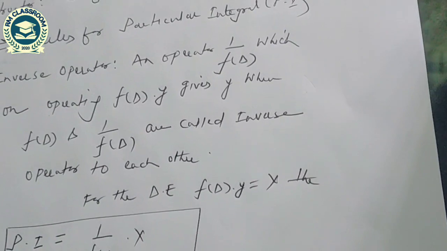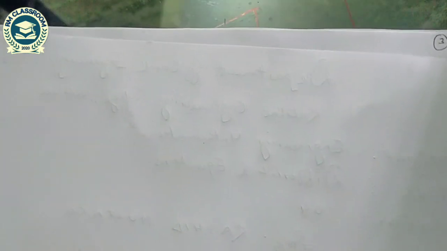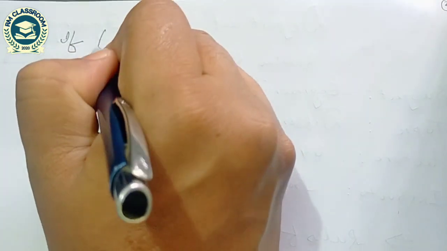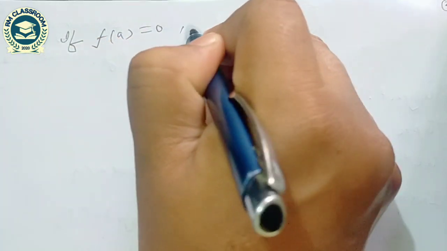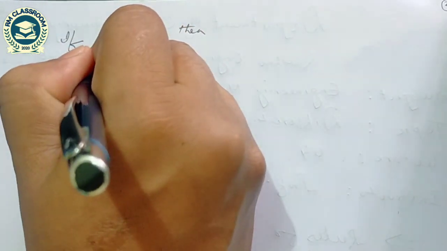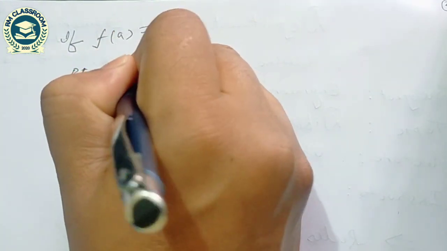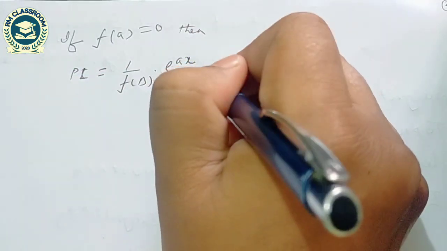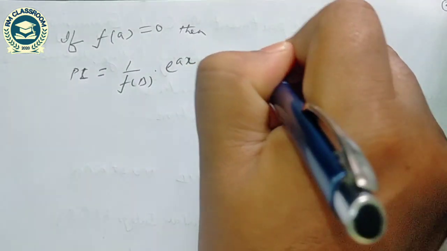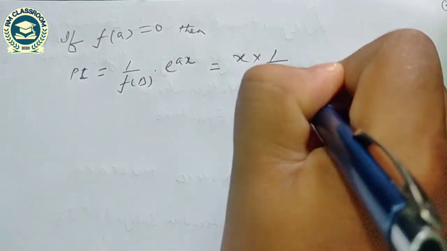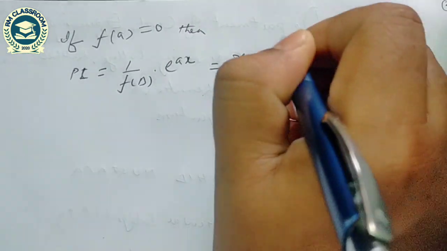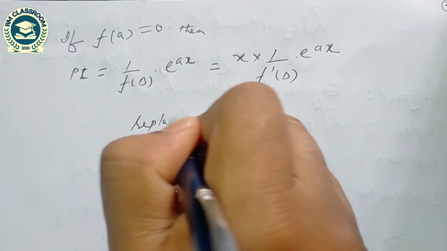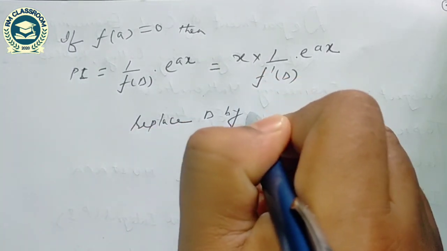If f(a) is equal to 0, then the particular integral is equal to 1 by f(D) into e to the power ax, and this will be x into 1 by f dash (D) into e to the power ax, and here replace D by a.